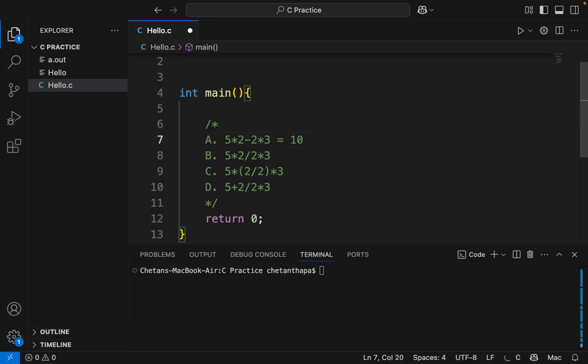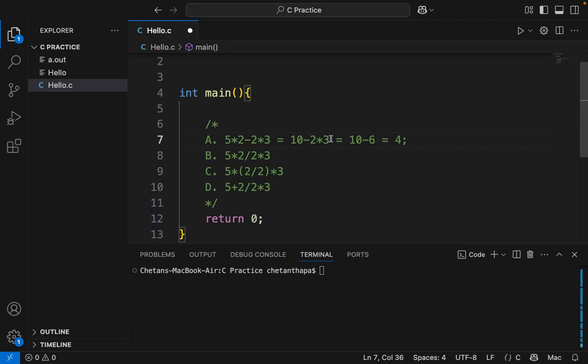Then 10 minus 2 into 3. Here again the highest precedence is multiplication, so 2 into 3 will be 6. So 10 minus 6, your answer should be 4.